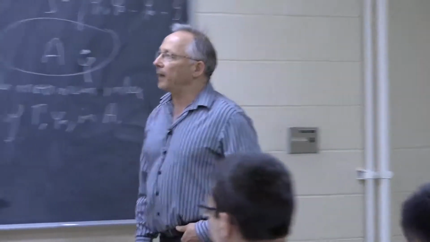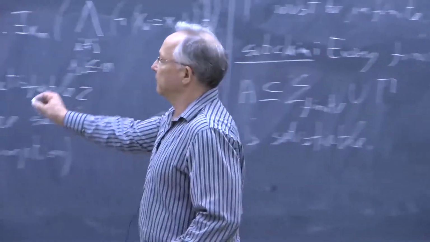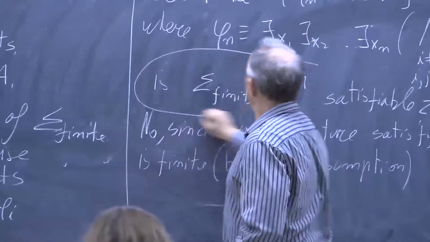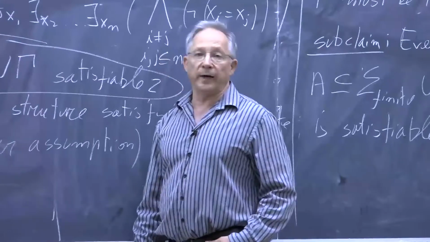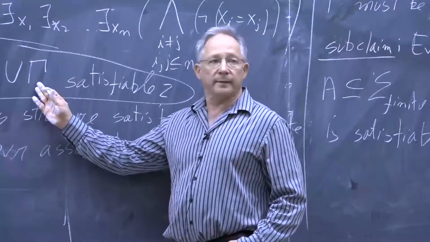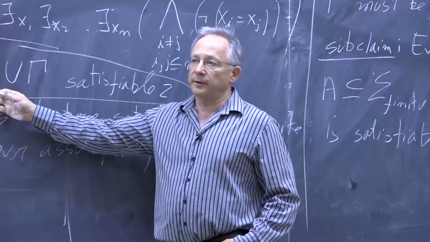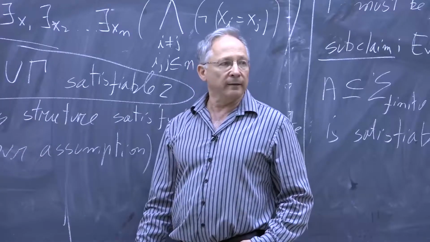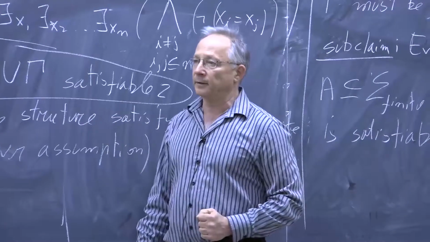So you see, we constructed this set, which is on one hand clearly not satisfiable, because this requires every satisfying structure to be infinite, and this requires it to be finite. But on the other hand, every finite subset of it, we showed, is satisfiable.